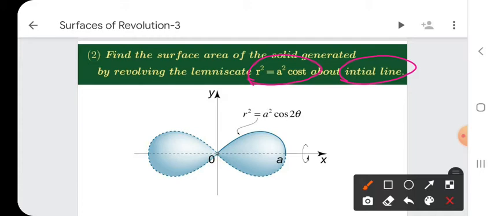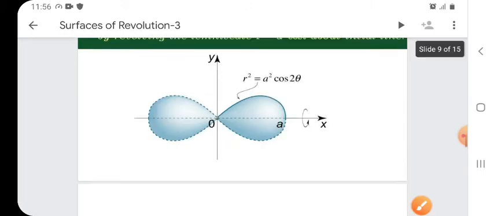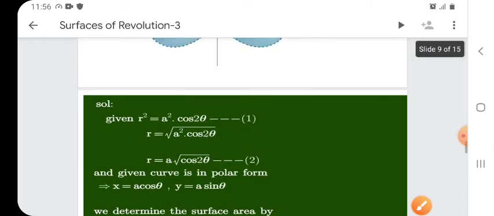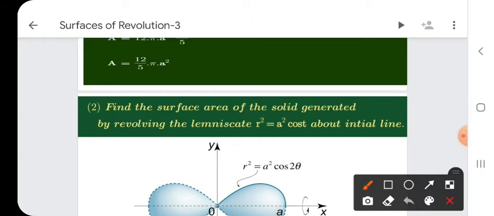First, what is our given curve here? r square equals a square cos, okay, cos 2 theta, not cos t. I wrote it mistakenly.